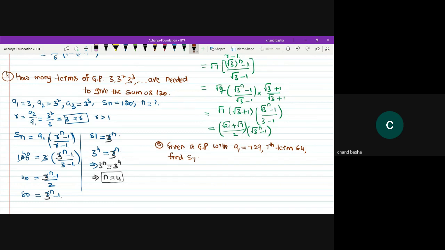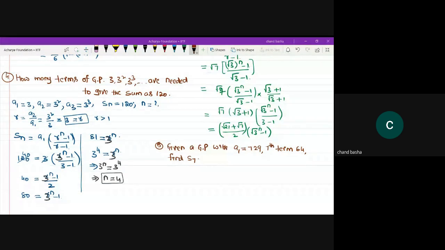Any idea, guys, how to proceed for solving this question? How to solve this question?